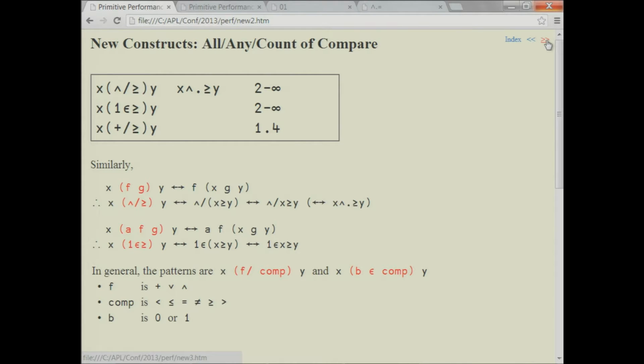Okay, and the factor 1.4 is small only because plus/ on Booleans was already phenomenally fast before, and version 14 is faster again.